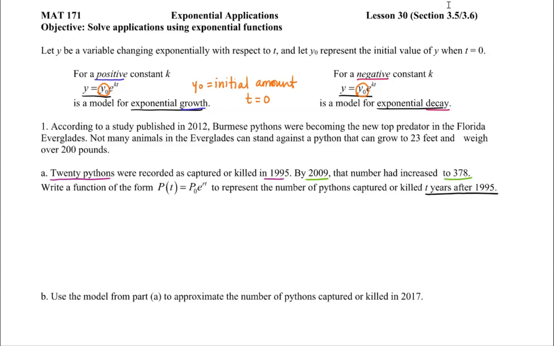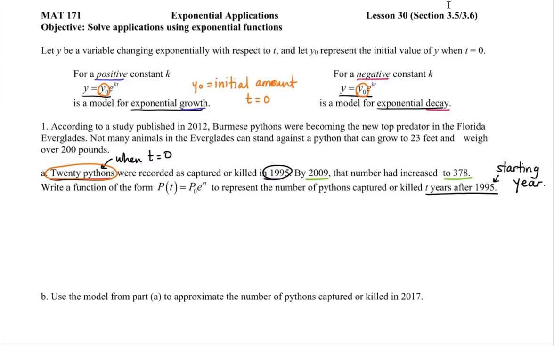This phrase is crucial because it tells us that 1995 is our initial year. So we had 20 pythons initially, when t is equal to 0 in 1995. That gives us our y0, our initial value.